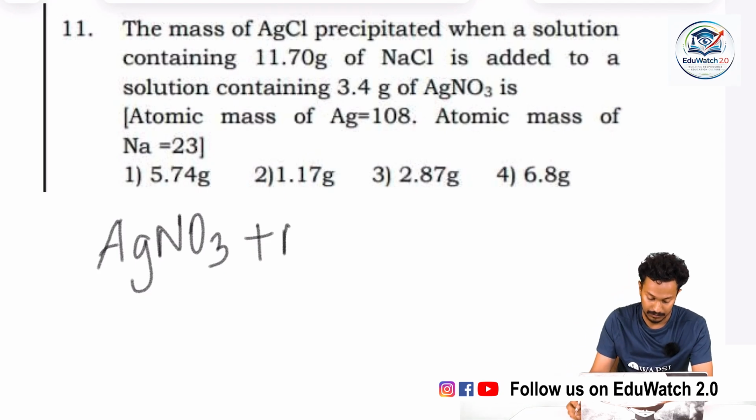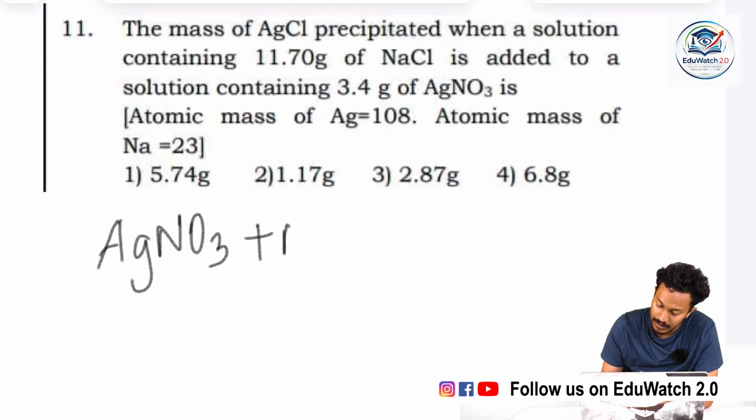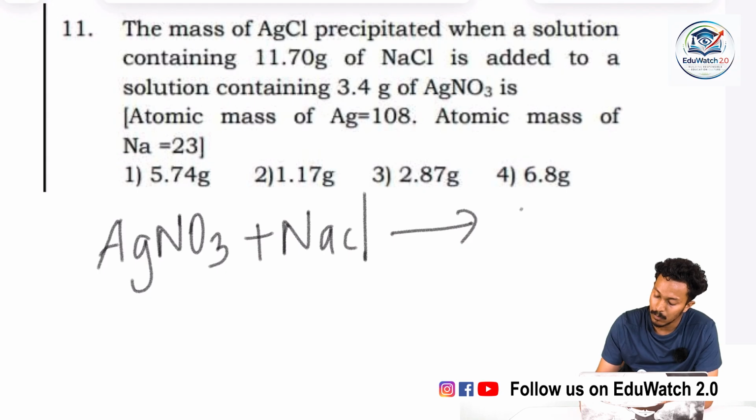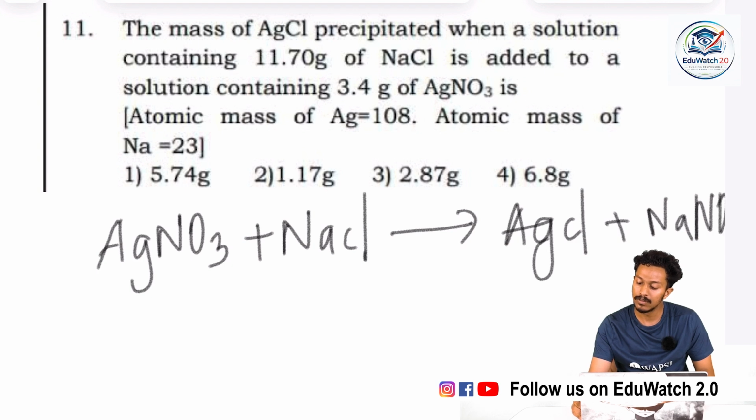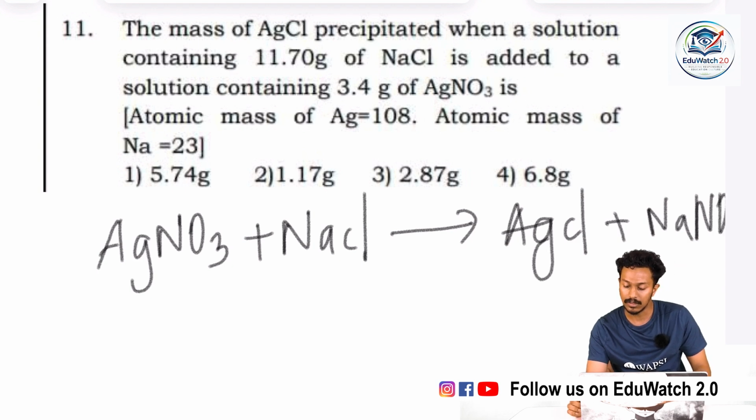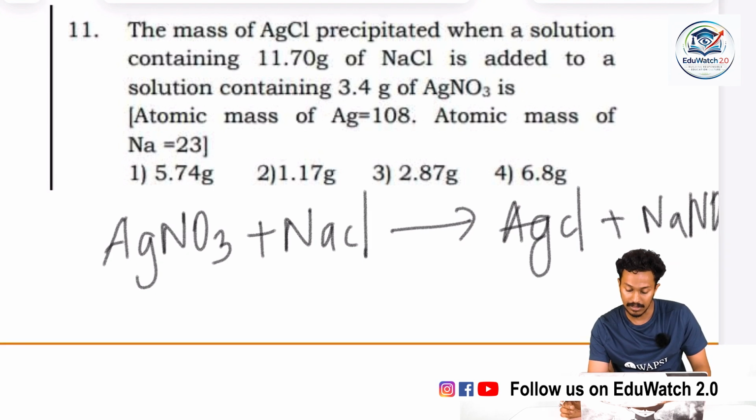Let me do that first. Here we have silver nitrate when treated with sodium chloride. The precipitate would be silver chloride along with sodium nitrate. You don't have any doubt in this reaction, right? It's an easy precipitation reaction.